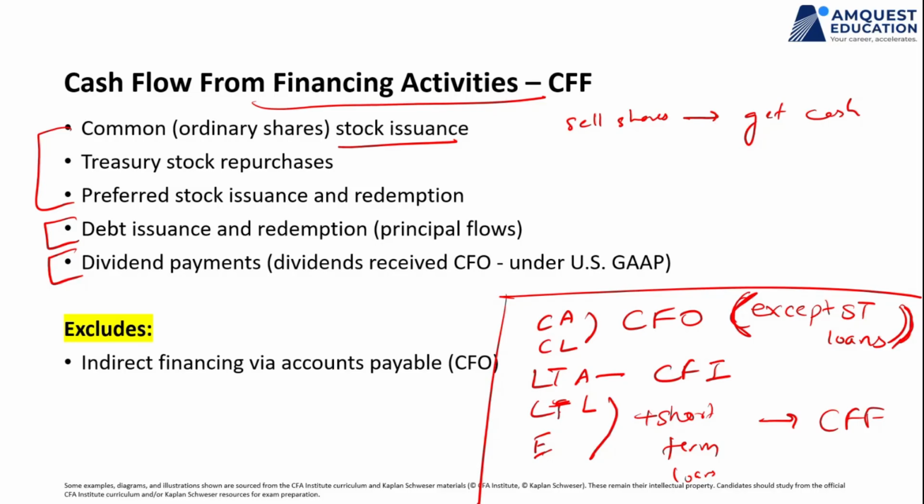Everything written as part of long-term assets is part of your cash flow from investing activity. And everything written in long-term liabilities or equity, including the short-term loans, is part of the financing side of the balance sheet or cash flow from financing activity.